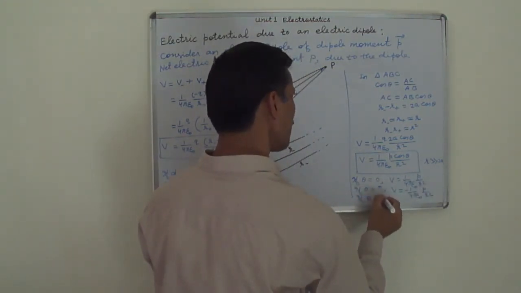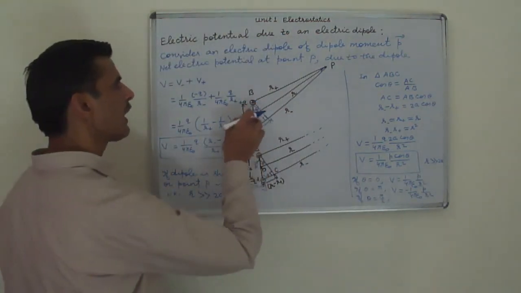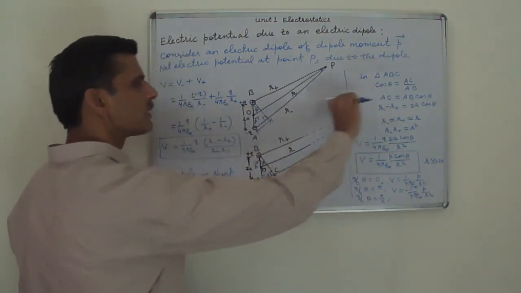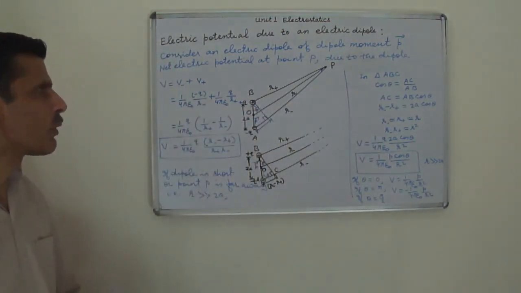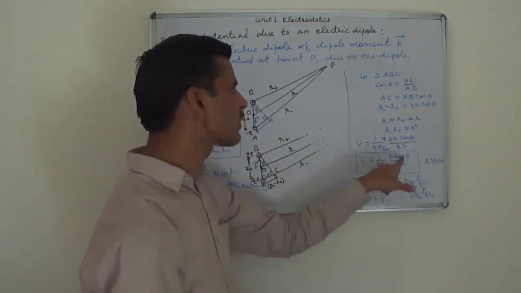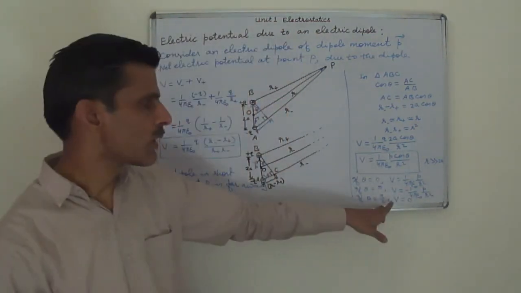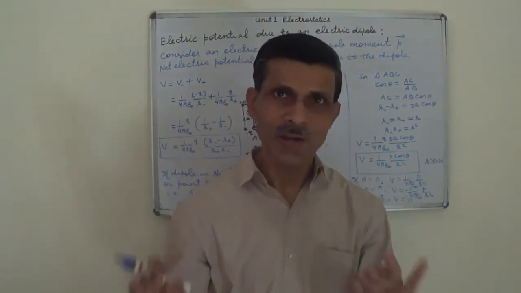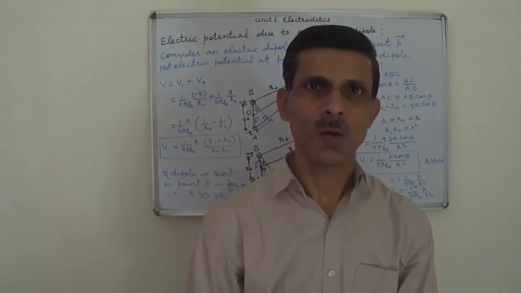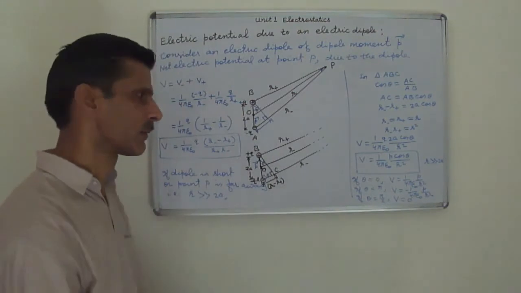If theta is equal to pi by 2, this means point P lies on equatorial plane. In this case, V is equal to 0. Here you can see potential is 0 at each point on equatorial plane. So equatorial plane of an electric dipole is an equipotential surface.